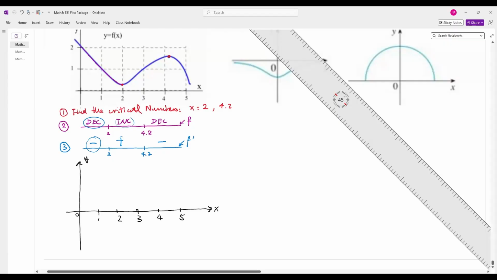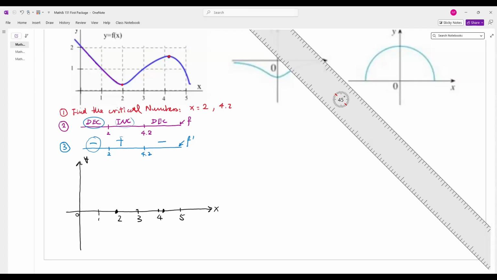Now I have a critical number, meaning in this case f prime of 2 is equal to 0, and f prime of 4.2 is also equal to 0.